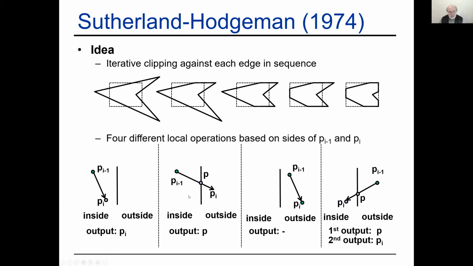Because you just need to remember the state of the previous point. And for the current point, you need to compute whether it's inside or outside. Only if the inside-outside decision is different between the 2 points do you need to compute the intersection point, and we know how to do that.